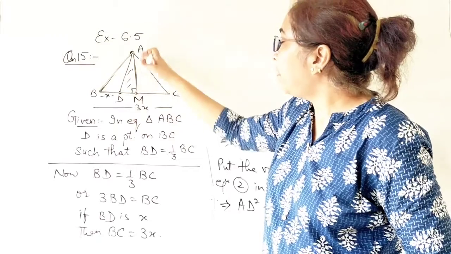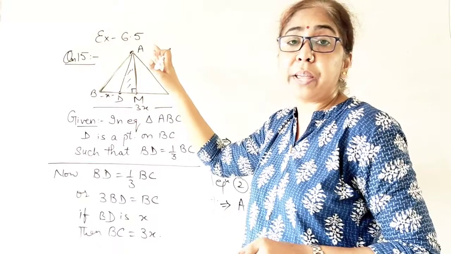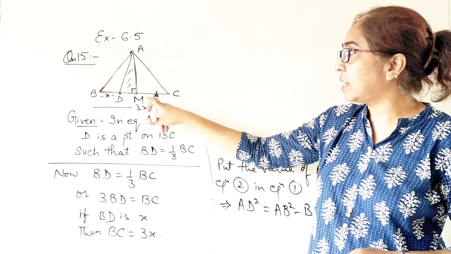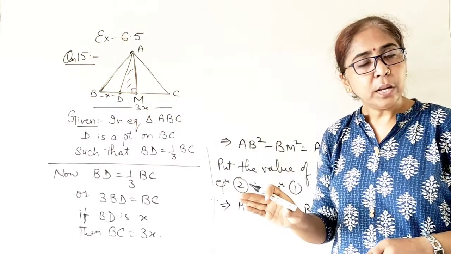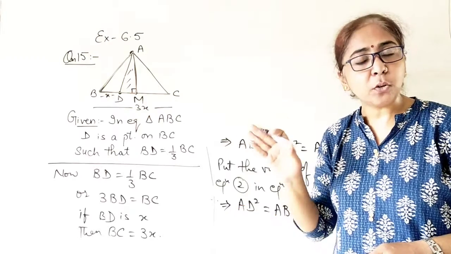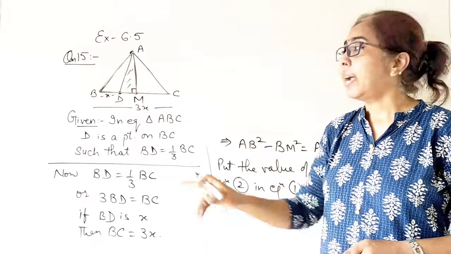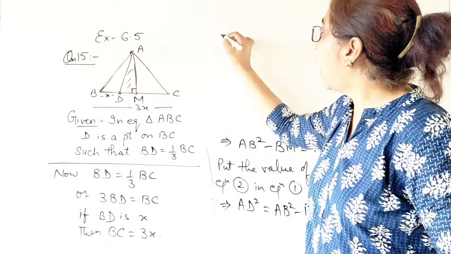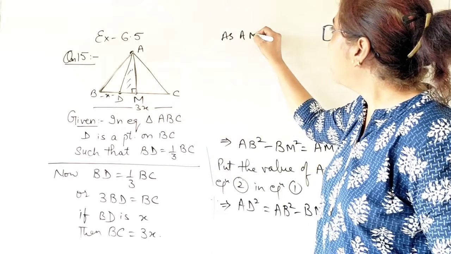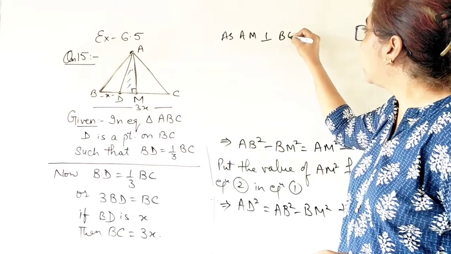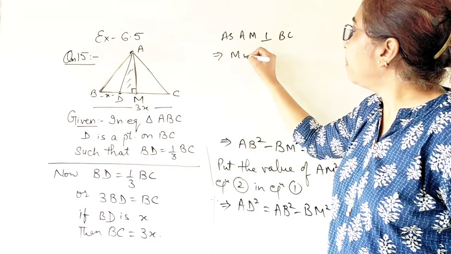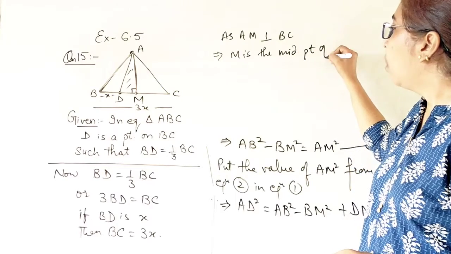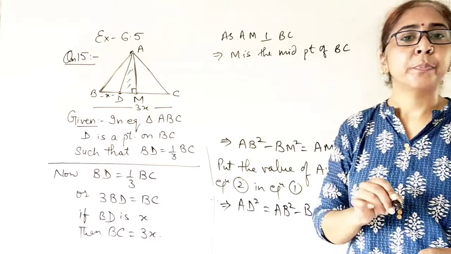We also know that in an equilateral triangle, AM is perpendicular. This is by construction, we have constructed. So in an equilateral triangle, the perpendicular is also the median. That means this is the midpoint of BC. So as AM is perpendicular to BC, this implies M is the midpoint of BC, right?